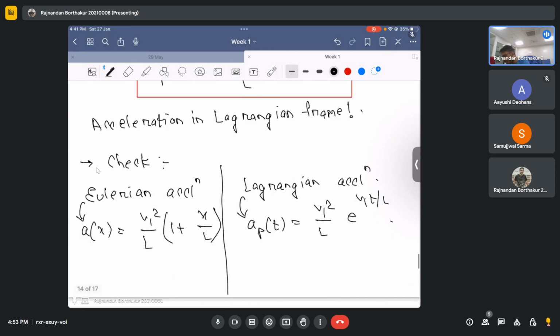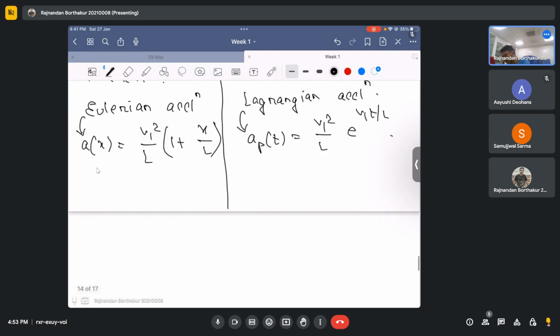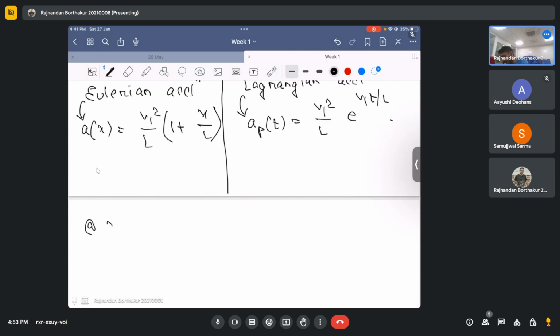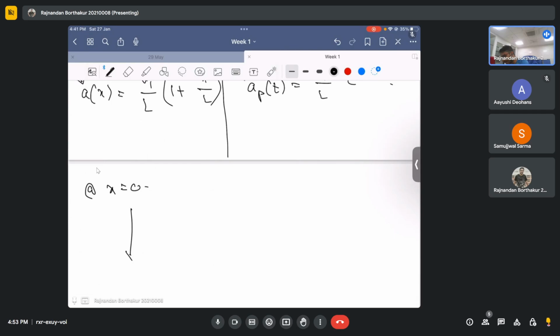So at x equals 0, let us check two things.